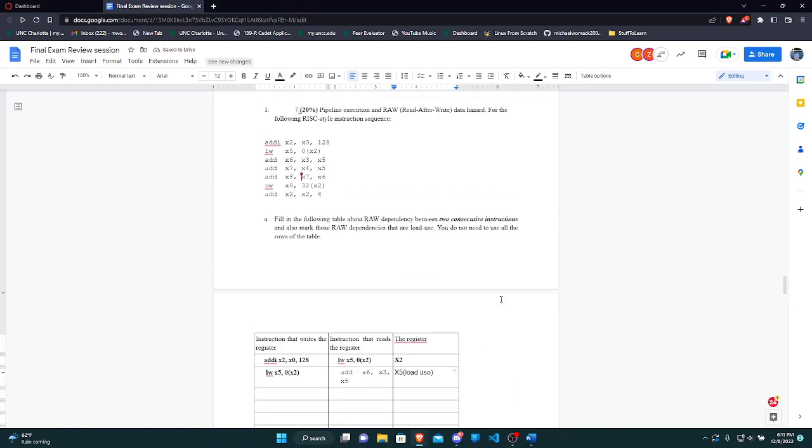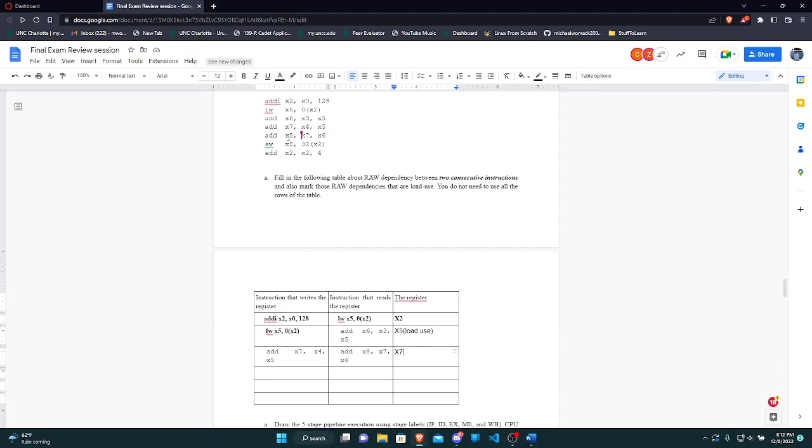Okay. Next one, right here, add x7, x4, x5, and then this one. The register in question is x7. This is not a load use because we're just doing some arithmetic and then using it right away.